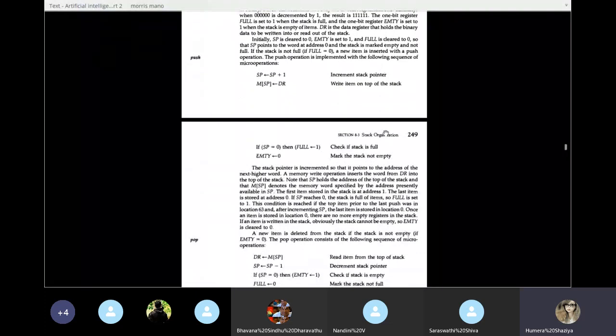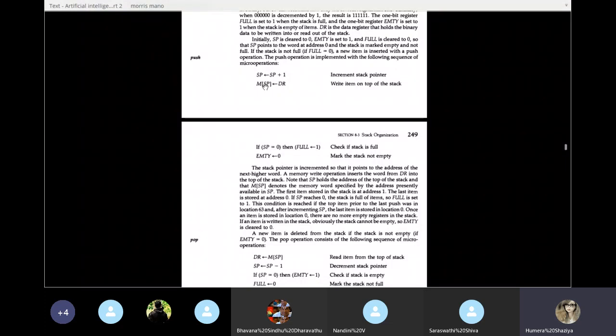Next, what do you do when you perform some operations on stack? First you increment the stack pointer, and then you write M of SP, because here a stack is nothing but an area of memory. When you refer to stack, you have to say M of the stack pointer.